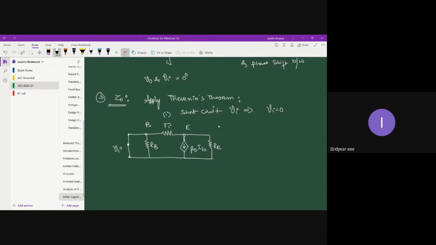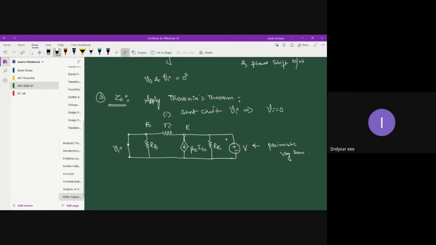Okay, so what we will do is we will consider a hypothetical voltage source V across the output. This is meant for the calculation purpose, that's all.